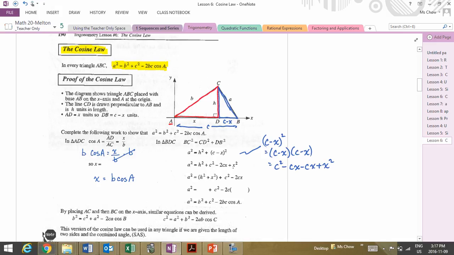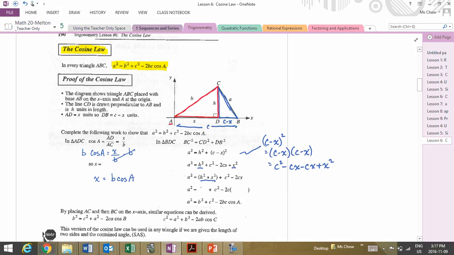If we rearrange that, we take the x squared and the h squared together, because those are two of the variables that we don't want to have: h squared plus x squared. We'll take a look in this red triangle again, ACD. x squared plus h squared is going to be part of Pythagorean theorem to find b squared.